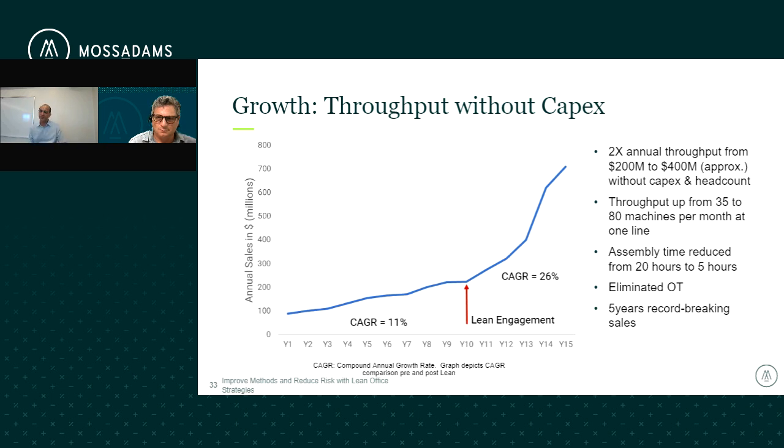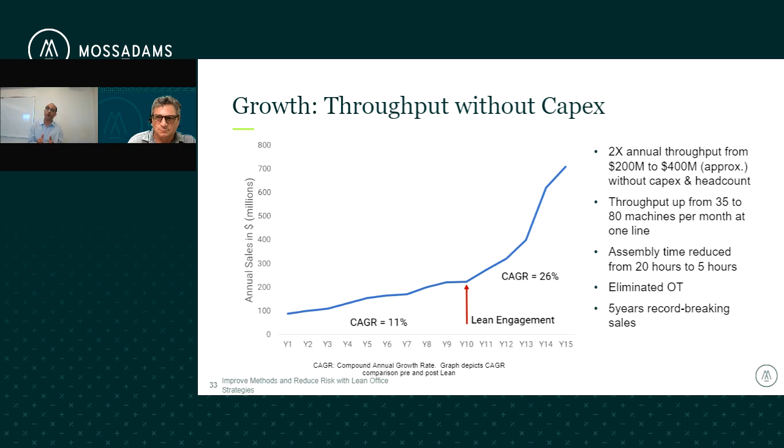In financial terms, we were able to grow them from 200 million to 400 million without any additional people, without any additional buildings, without any additional equipment. That's the power. After 400 million to 700 million is when we needed to invest in capex and buildings and headcount. But simple examples.